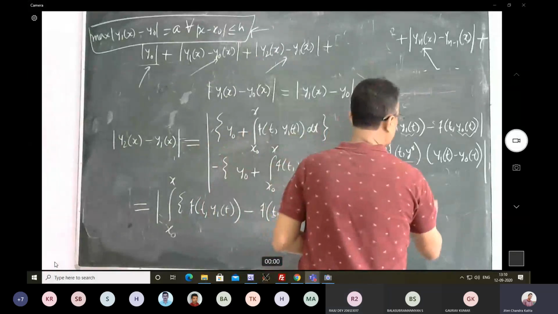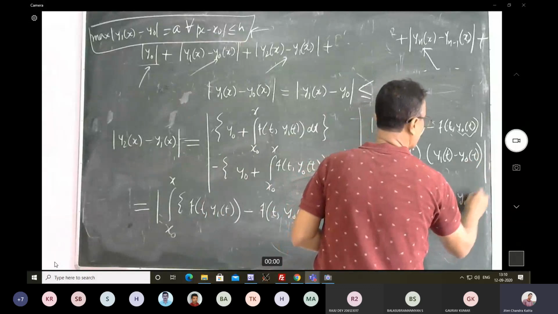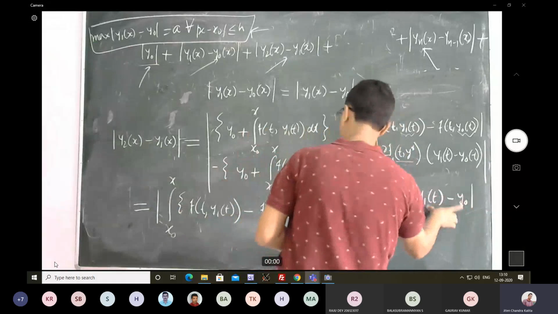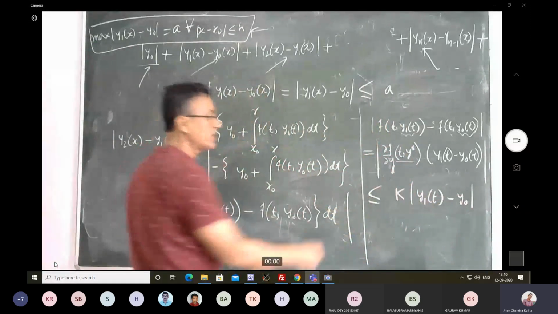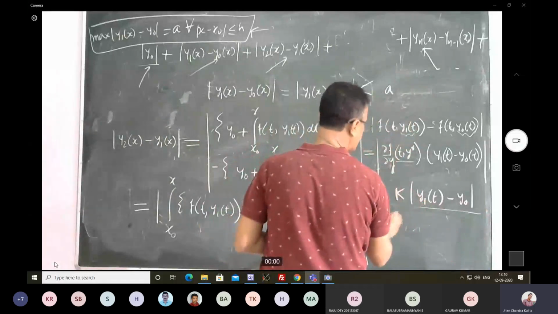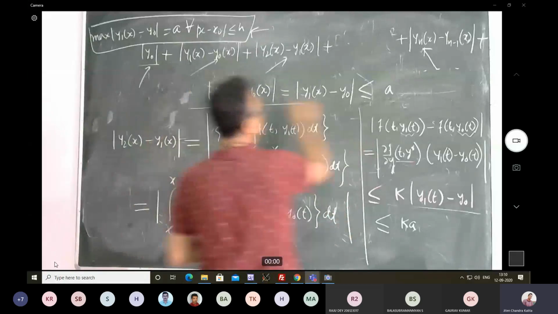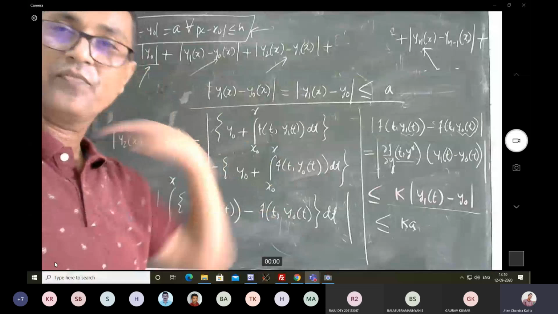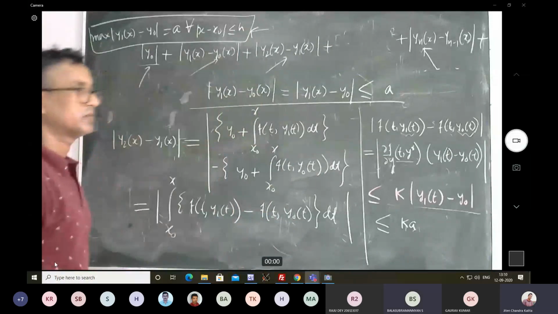And then this is y1(t), and y0(t) is simply y naught. So now say I am doing it for the whole interval, so then I can say that eventually this is going to be less than Ka from this relation. Is it okay? Okay.